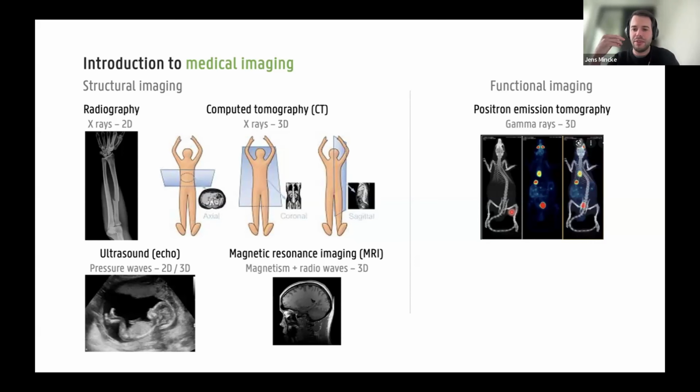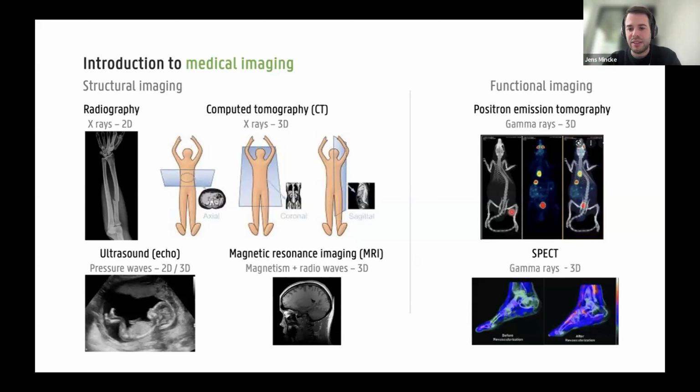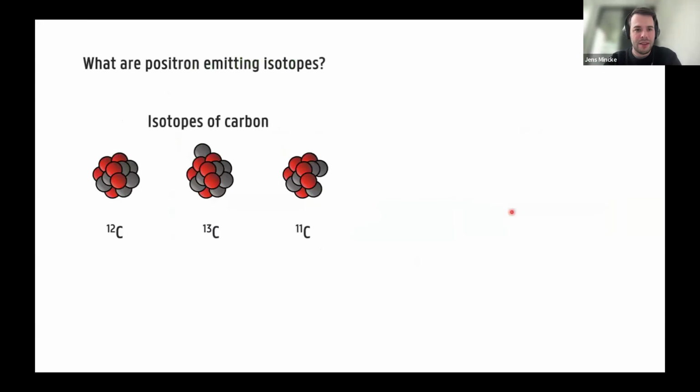You put a tracer into the object that you want to study, and you put the object in a sort of camera or detection system, which visualizes the tracer that you injected, to eventually follow what the tracer is doing in the object. Another example is SPECT, single photon emission computed tomography. Today's talk will, of course, be focused on positron emission tomography.